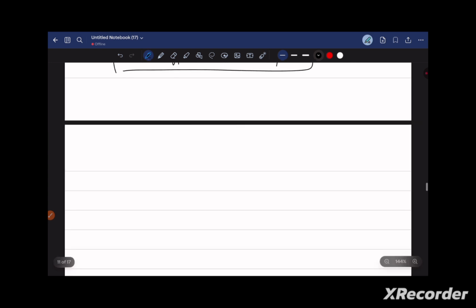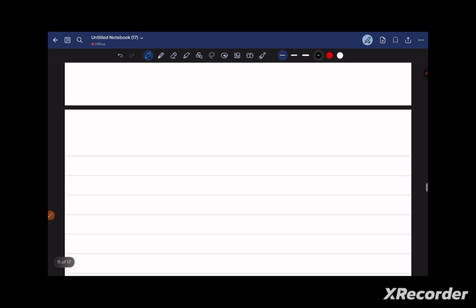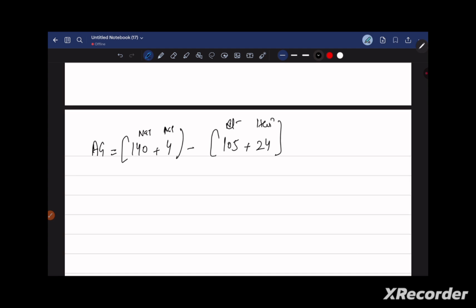Normally, suppose you are calculating the anion gap, and the sodium concentration is 140 milliequivalents per liter, the potassium is 4 milliequivalents per liter, chloride is 105 milliequivalents per liter, and normal bicarbonate is 24 milliequivalents per liter.